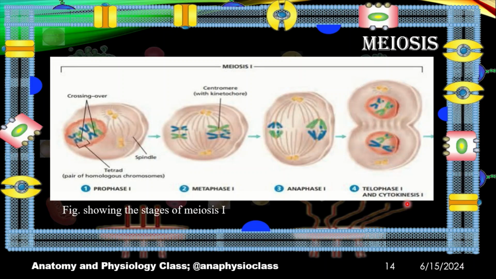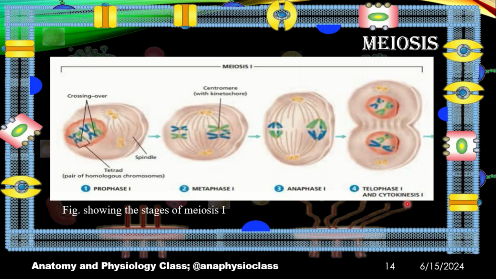Remember that prior to each and every cell division, at the phase of interphase, the cell replicates its DNA to produce DNA that is twice its normal amount, which is capable of producing 46 pairs of chromosomes.